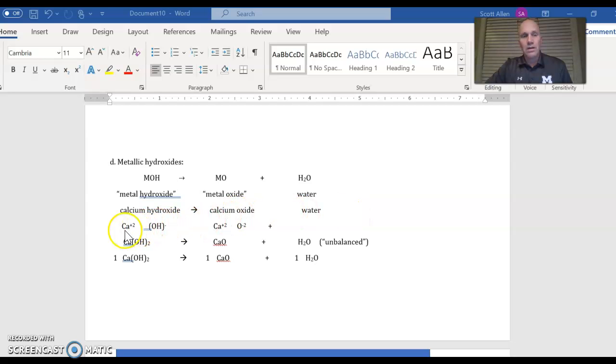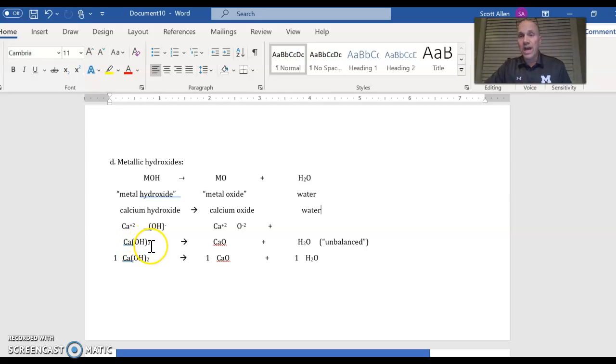Taking these two formulas right here. Calcium is +2. Hydroxide you could get from the polyatomic ion list is this right here. Remember, when doing a crisscross rule with a polyatomic ion, put the elements and the quantities of elements inside the parentheses, put the charge on the outside of the parentheses, so that when you do the crisscross rule, you'll have something like this.